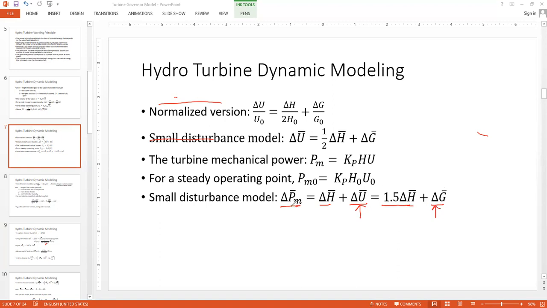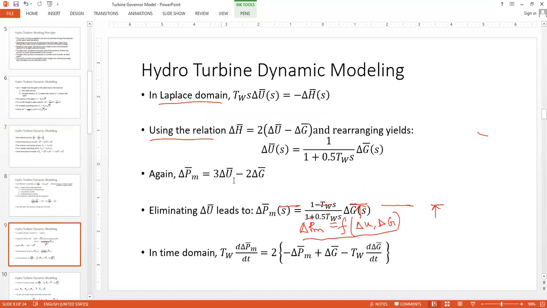So pm can be expressed as a function of del u and del g. It is always possible. What we did here is replace del h, so then you will get del u and del g. And that expression is this expression. It's very simple.